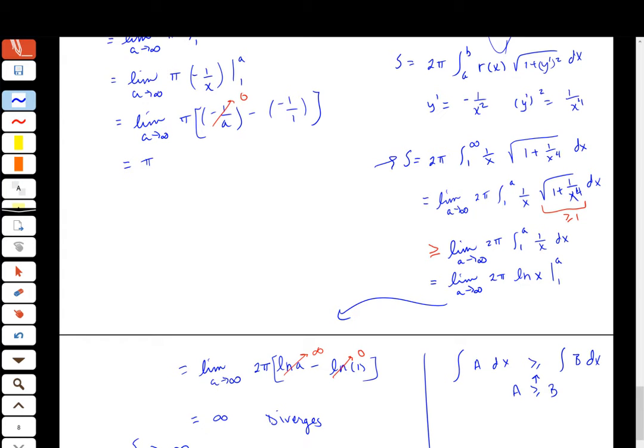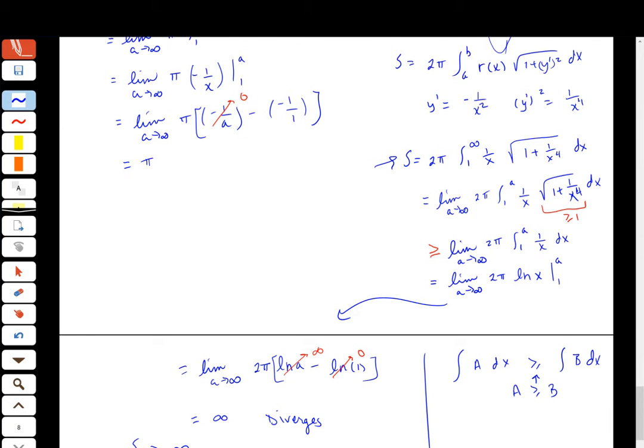But what's bigger than infinity? Infinity, yeah. So you have an infinite amount. Now, what's very fascinating about this is, what was the volume again? Finite or infinite? Finite. Finite volume. Infinite surface area. You cannot paint Gabriel's horn with the paint that you can contain inside Gabriel's horn. Let me say that again.